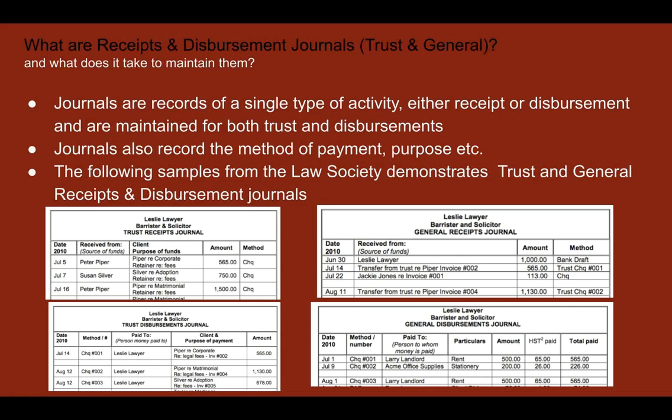So hence, we generally in uLaw do not allow someone to complete a transaction without a reference number, especially in case of receipts. Receipts shouldn't be a problem, but disbursements is sometimes where people tend to not capture method of payment and reference numbers.